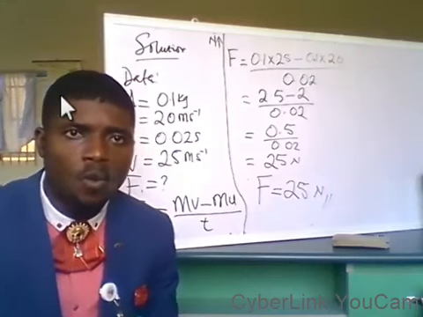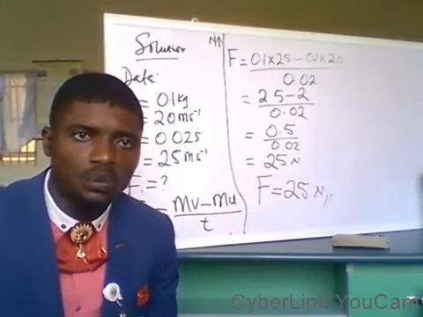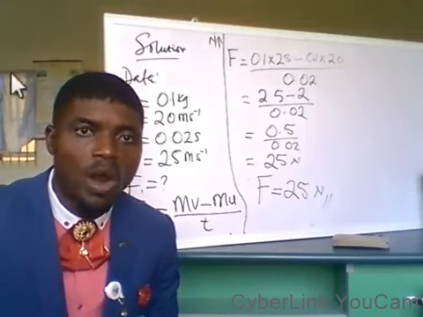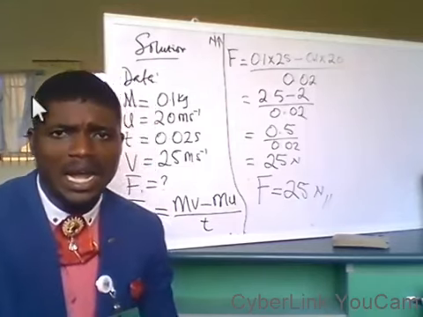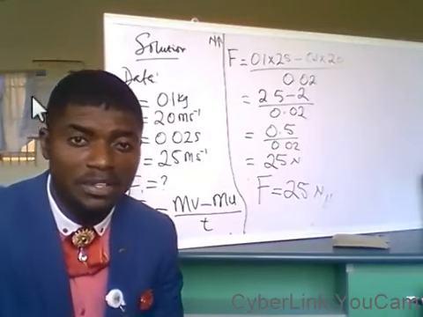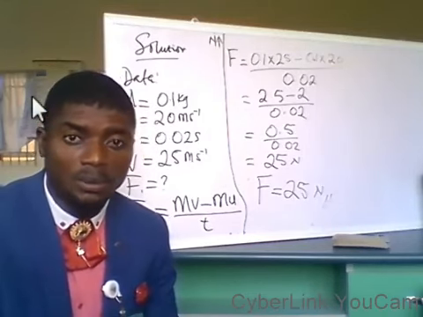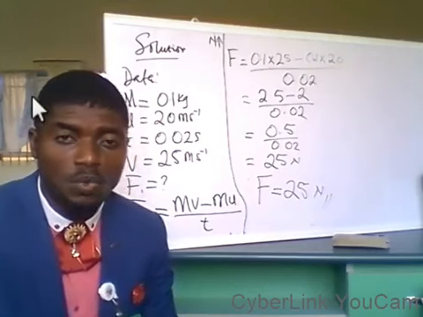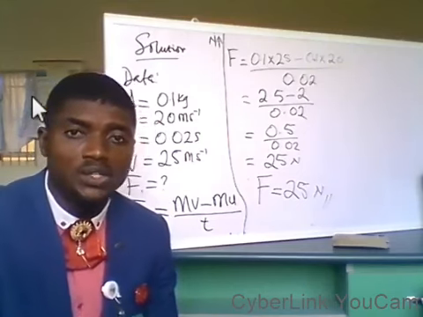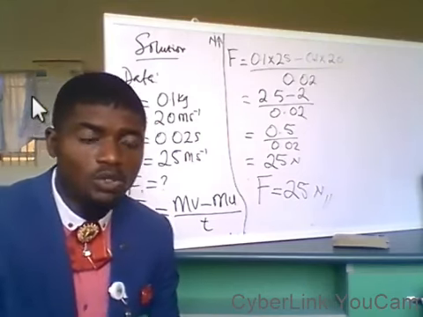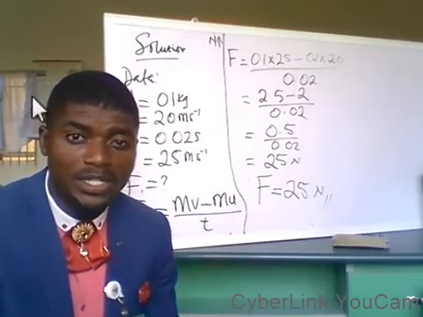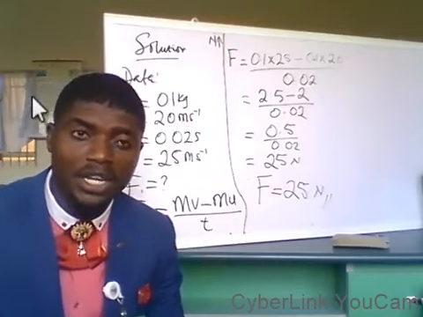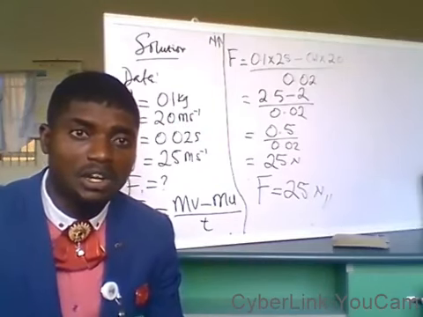We like to look at weight. Weight simply means mass times acceleration due to gravity. And so at this point we would like to revisit our objectives from the beginning of this class.